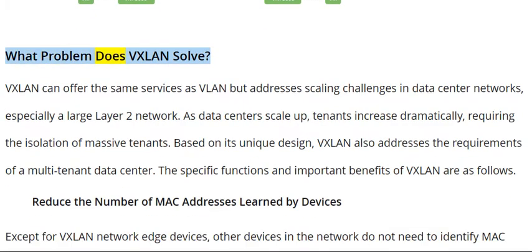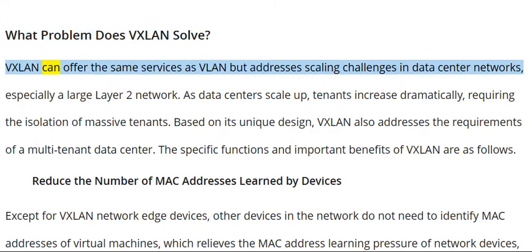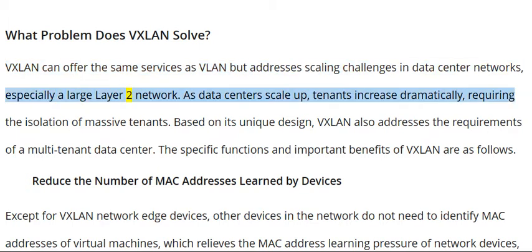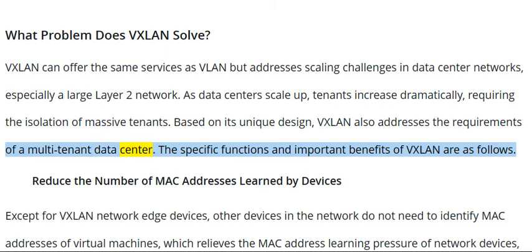What problem does VXLAN solve? VXLAN can offer the same services as VLAN but addresses scaling challenges in data center networks, especially a large Layer 2 network. As data centers scale up, tenants increase dramatically, requiring the isolation of massive tenants. Based on its unique design, VXLAN also addresses the requirements of a multi-tenant data center.